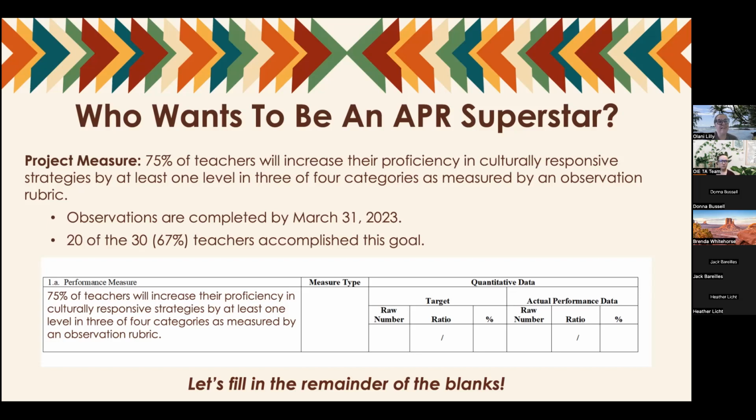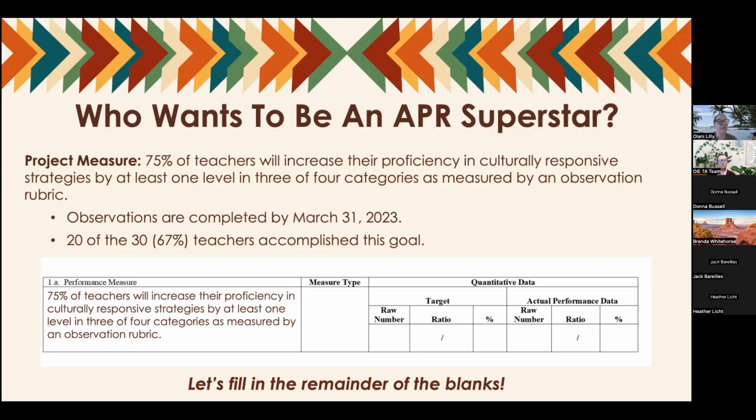The context is that observations are completed by March 31st, 2023. And so this grantee has calculated that 67% is actually 20 teachers of the 30. And so 20 equals 67%, and 20 of them were able to accomplish this goal.